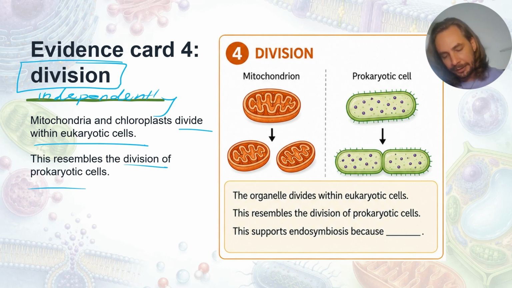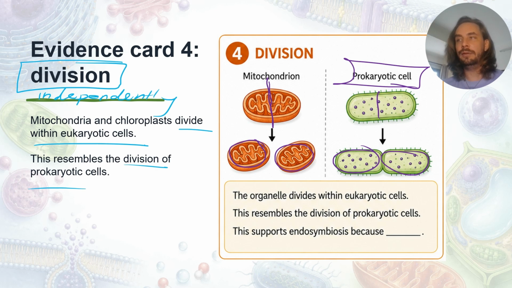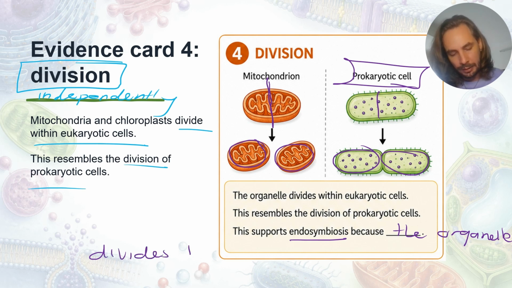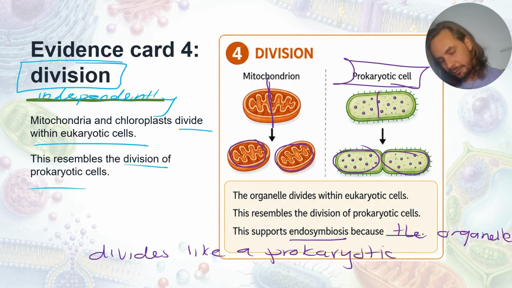They just split themselves in two, and prokaryotic cells do the same type of division. Because it resembles the division of prokaryotic cells, this supports endosymbiosis, because the organelle divides like a prokaryotic cell.